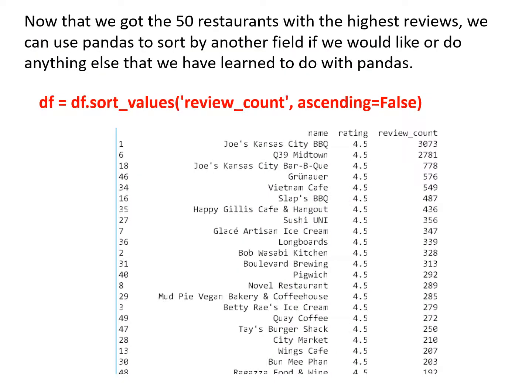Okay, so now that we got the top 50 restaurants, because we sorted, and remember there's a limit, the highest number of data records that would be returned was 50. We set that limit equals 50. So now that we got those 50 restaurants with the highest reviews, we can then use pandas to sort by another field or do anything else we want to do with pandas.